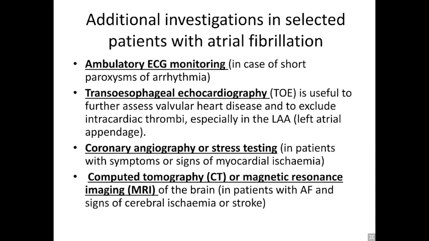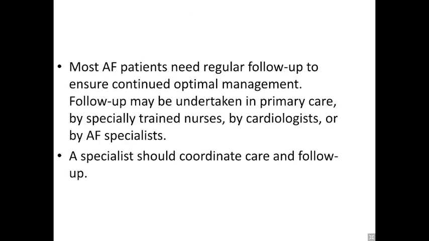For some patients, we recommend this method. Coronary angiography or stress testing if we think ischemia is the main cause of this atrial fibrillation. For some patients, computed tomography or magnetic resonance imaging of the brain, especially in patients with ischemic stroke.